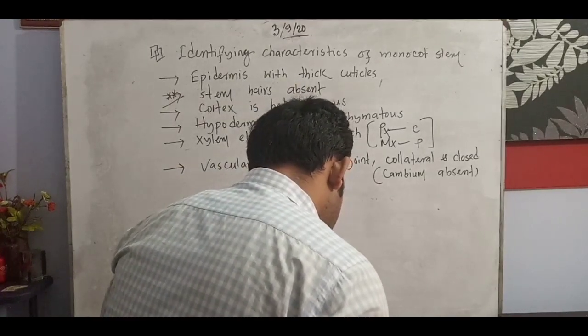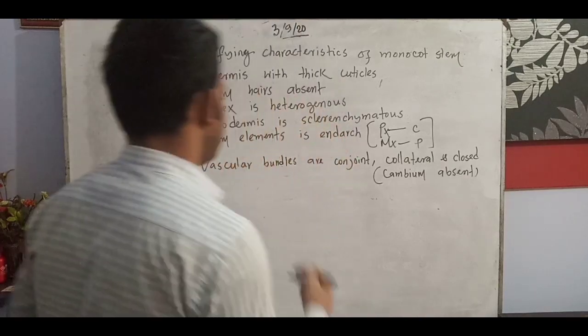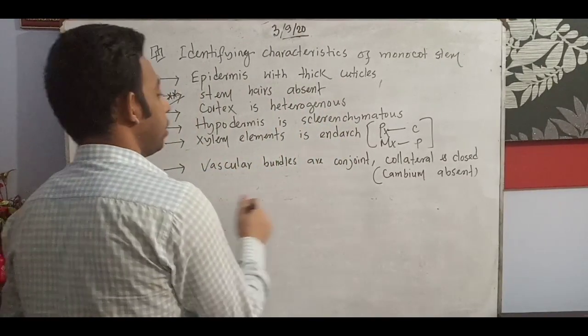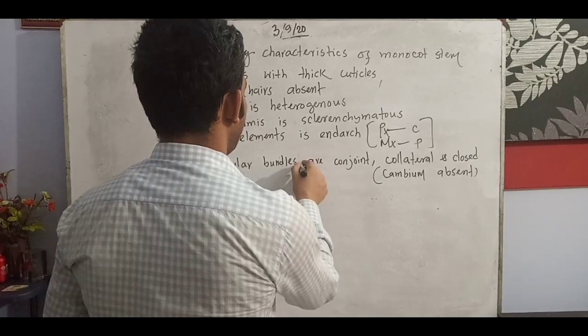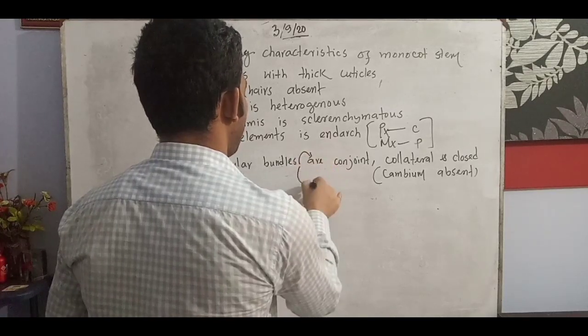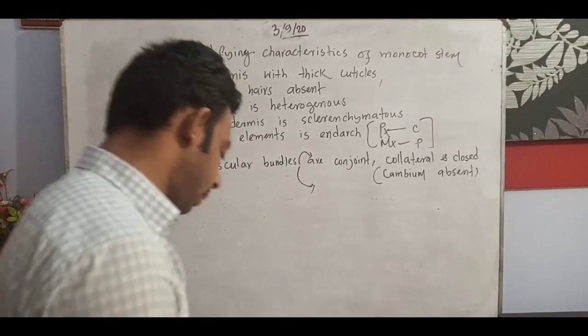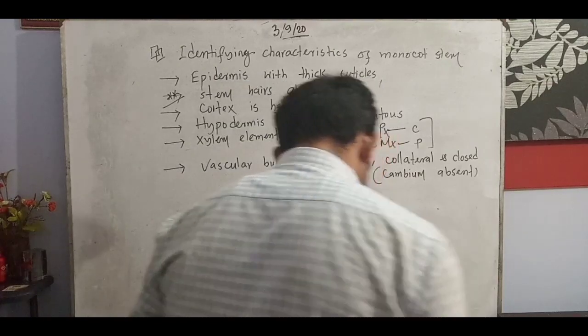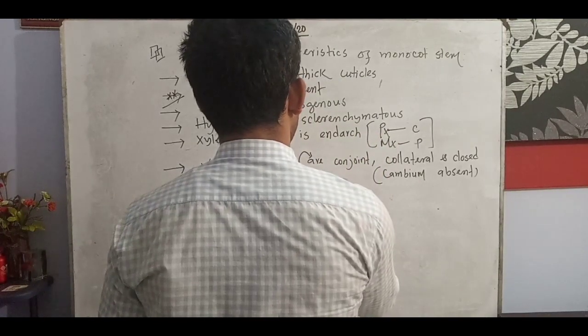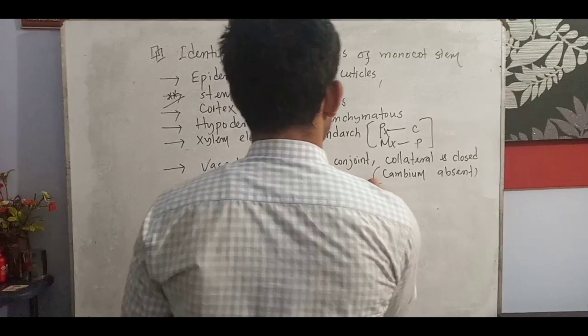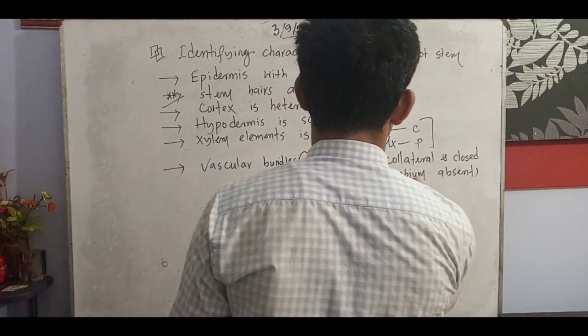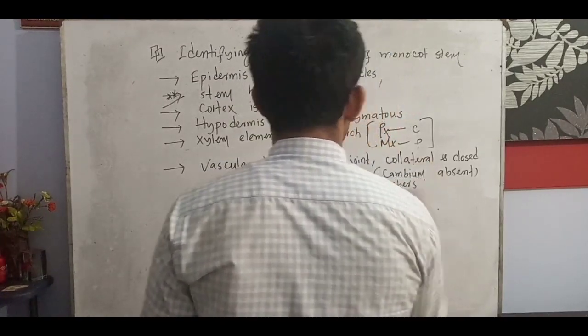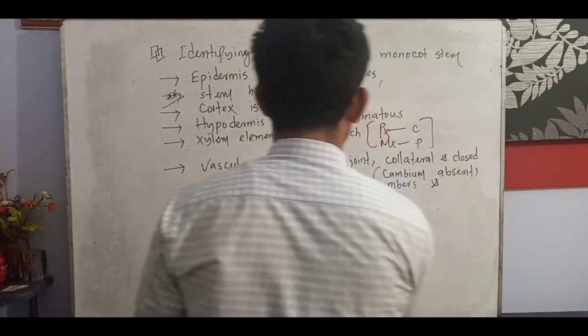The vascular bundles are conjoined, and second, these vascular bundles are numerous and scattered in the ground tissue.